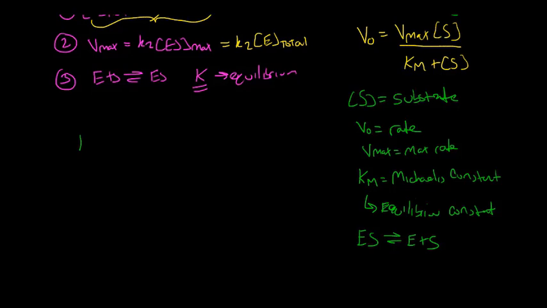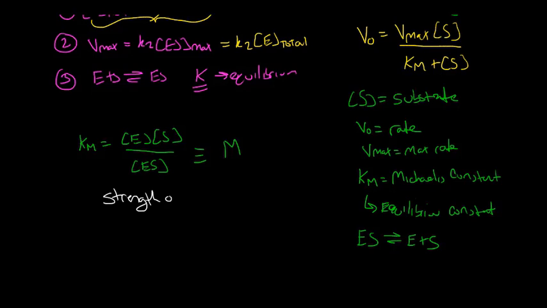Km is then equal to the concentration of enzyme times the concentration of substrate, divided by the concentration of that complex. If we think about this in terms of units, all three of these terms are concentrations, so the units of the Michaelis constant will be molar. The most important thing about the Michaelis constant is that it tells us about the strength of the interaction between the enzyme and the substrate.